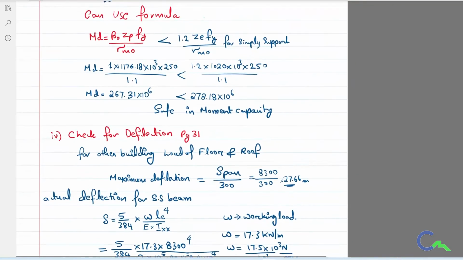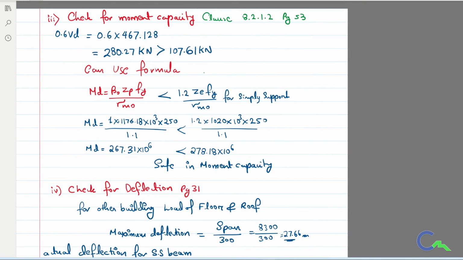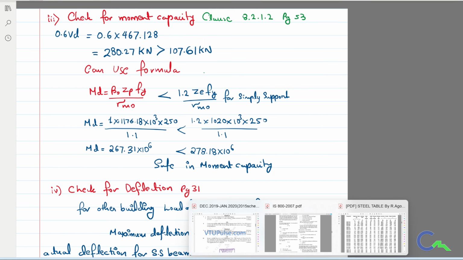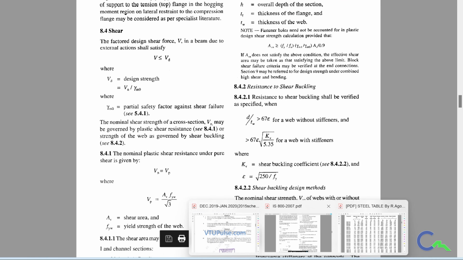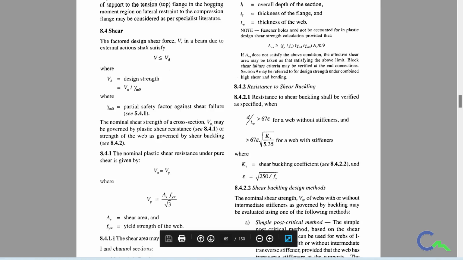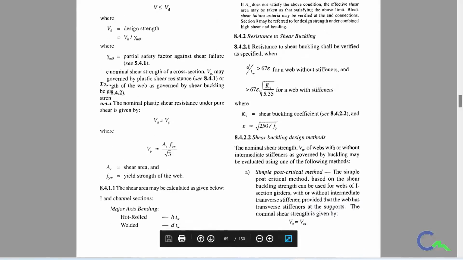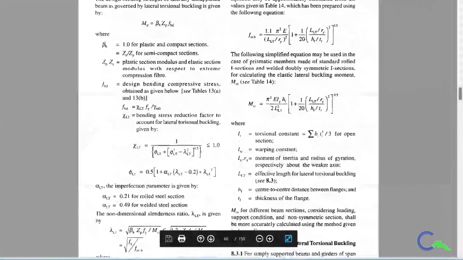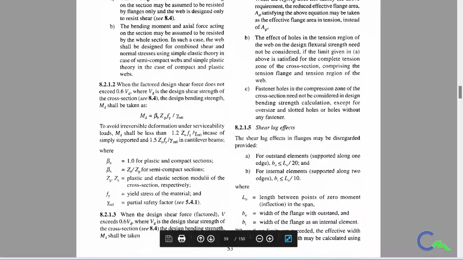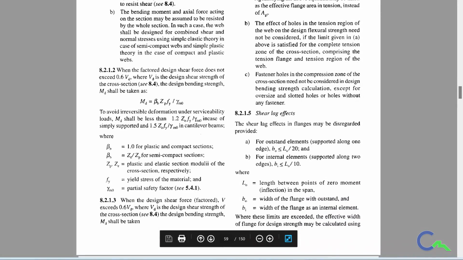So the next check we have to do, check for the moment capacity. Before checking for the moment capacity, if you go to the page number 53, in that first check, if I want to use that particular formula, I have to check for this condition. So if you go to the page number 53, you can see that particular formula. If it is going to satisfy, then only I can use this particular equation.